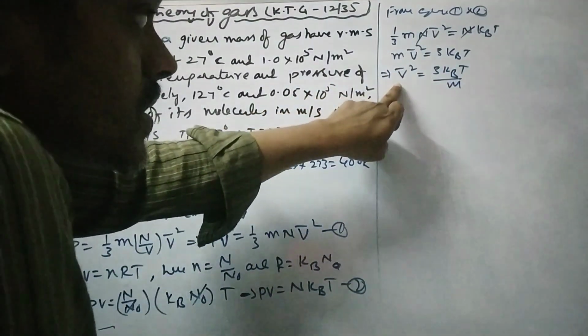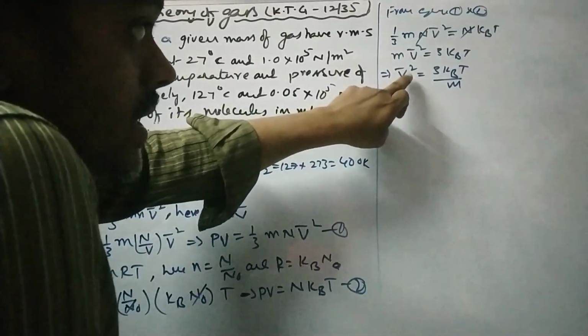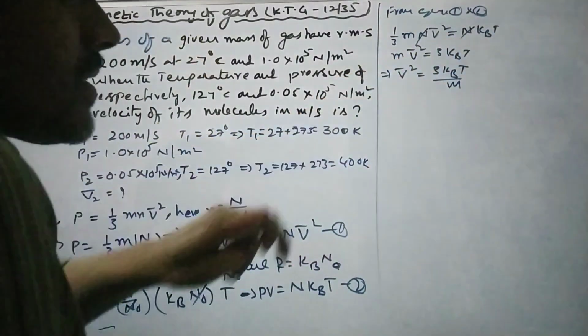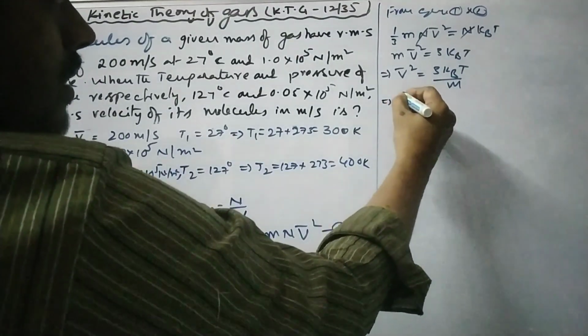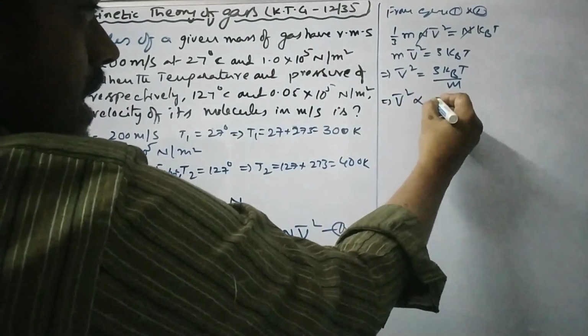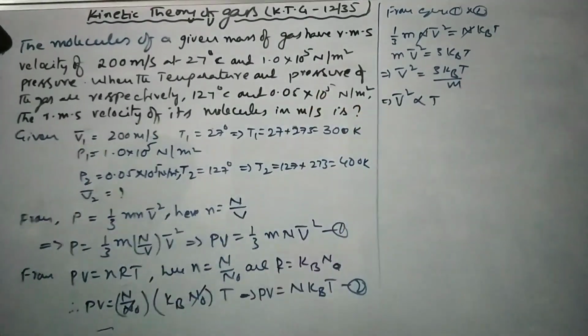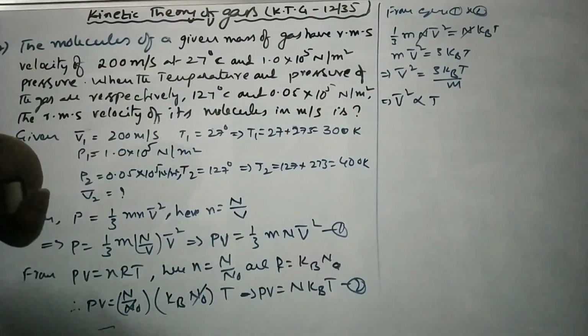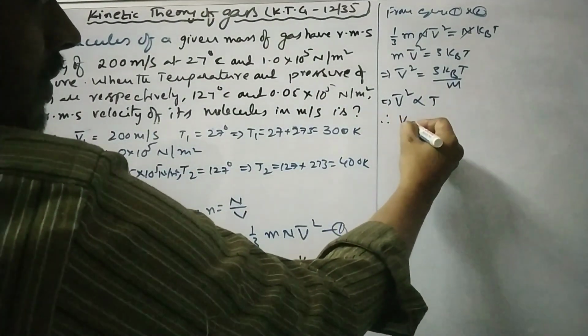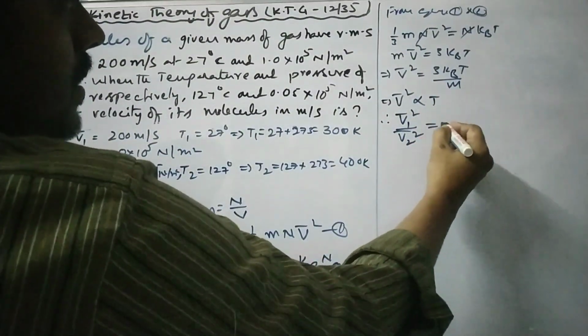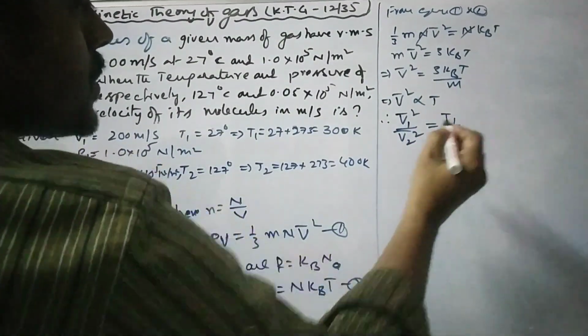In this expression, RMS velocity square is equal to 3 k_B T by m. That means RMS velocity square is directly proportional to absolute temperature, and in this relation there is no pressure term involved. Therefore V1 bar square by V2 bar square is equal to T1 by T2.